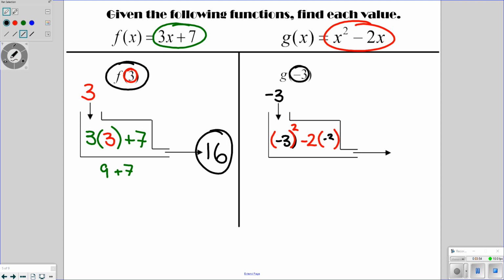And then let's go ahead and do some math here. So negative 3 squared is going to be positive 9. Negative 2 times negative 3 is going to be positive 6. 9 plus 6 is going to be 15.